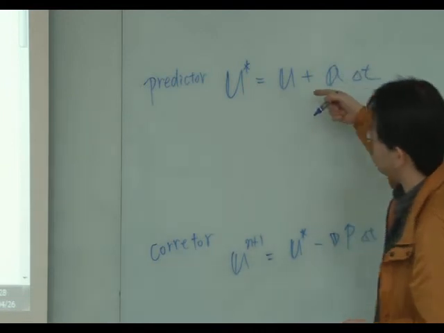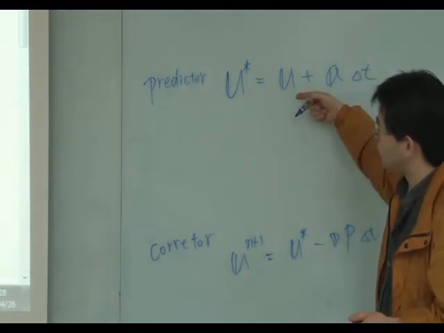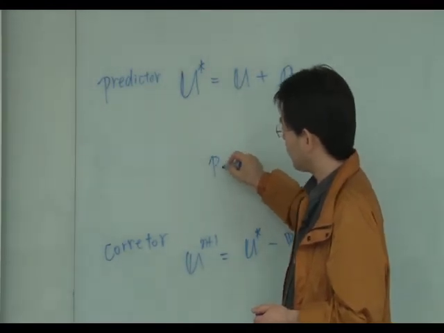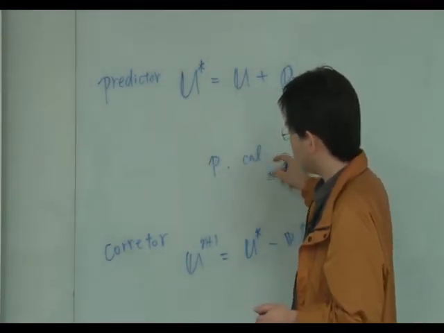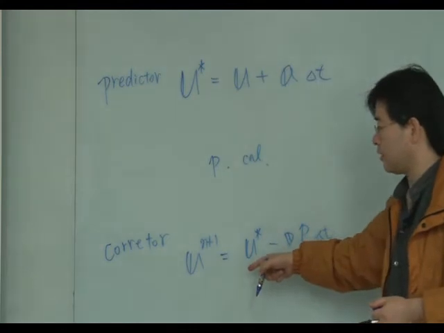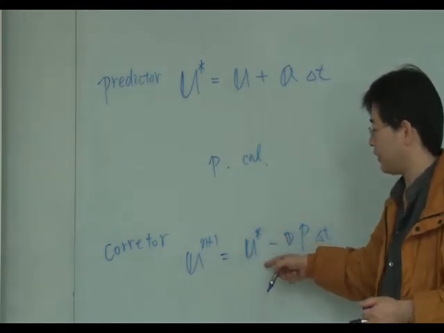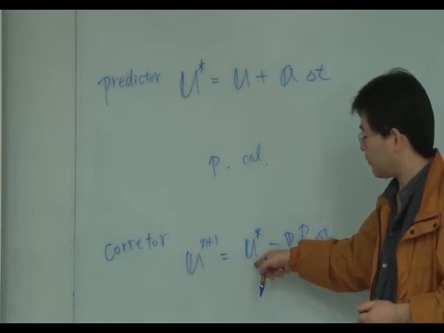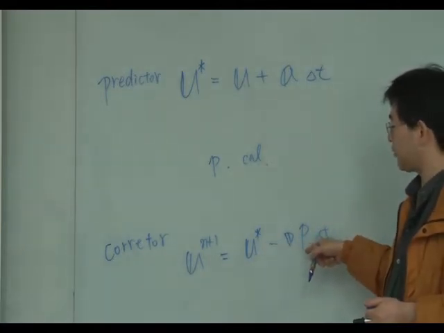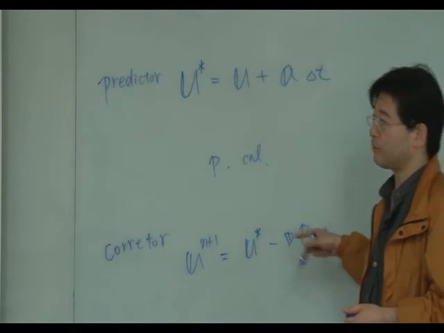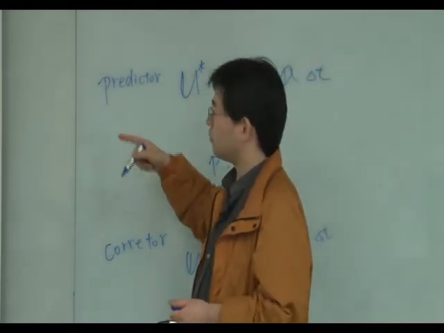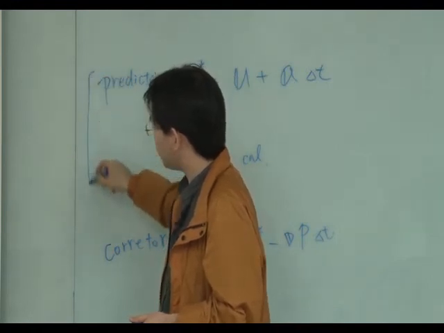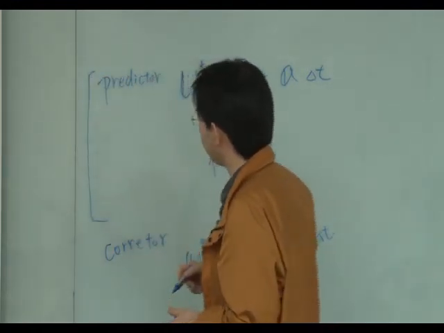So we get the predictor velocity field, then calculate pressure, then get the next velocity field. It is the predictor velocity field plus pressure gradient. So the present source code covers this part.